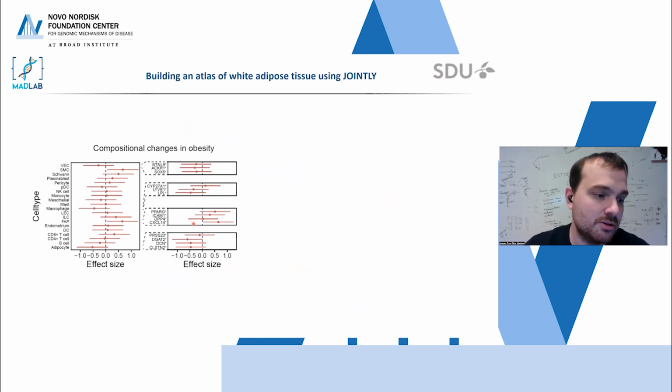So particularly, we looked at compositional changes, of course, in obesity. And we saw some interesting things. So we see here that to the left here means higher in obese individuals, and to the right means higher in lean individuals. We see some expected things. We see, for example, that there's an increase in the proportion of macrophages in obesity.